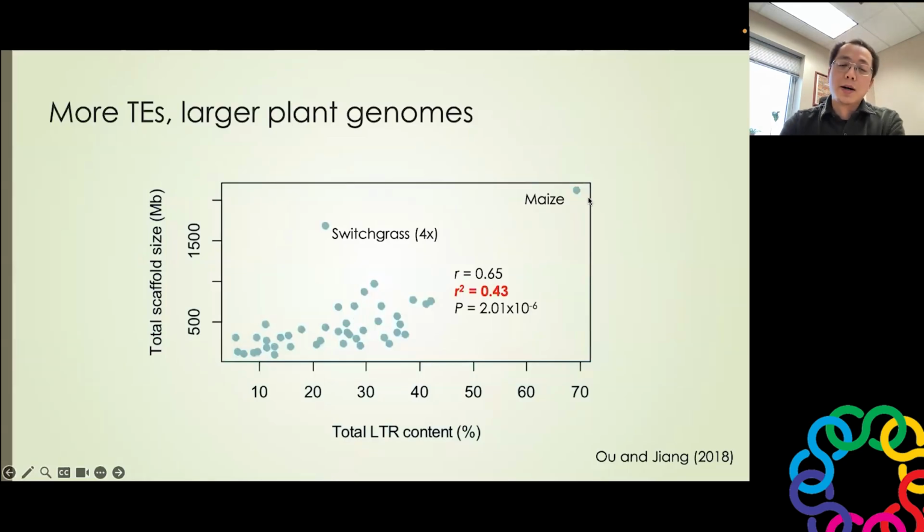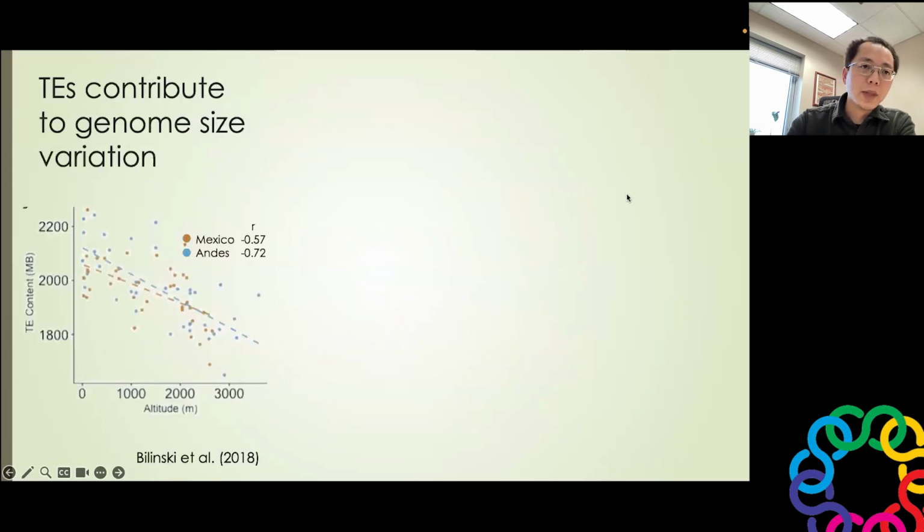So that's one of the answers to the C-value paradox: the existence of transposable elements. Especially in plants, long terminal repeat retrotransposons dominate almost every plant genome that I have seen so far. And as in maize, within one species, transposons also contribute to genome size variation.